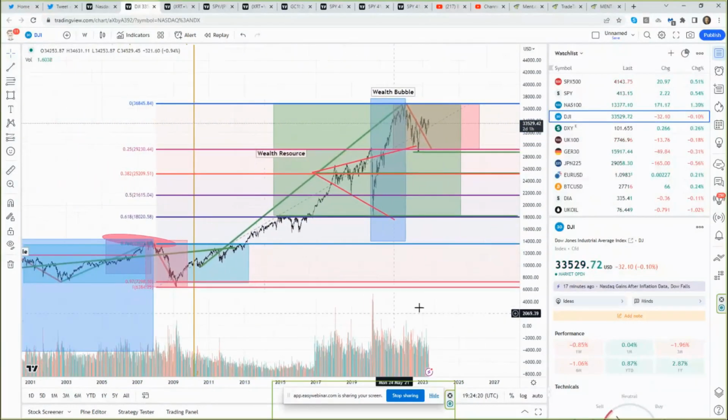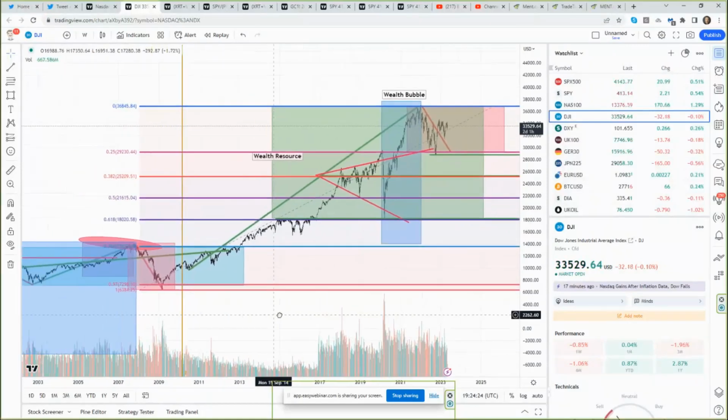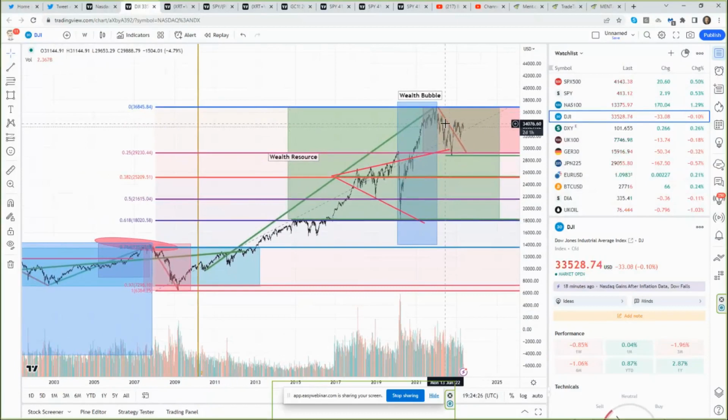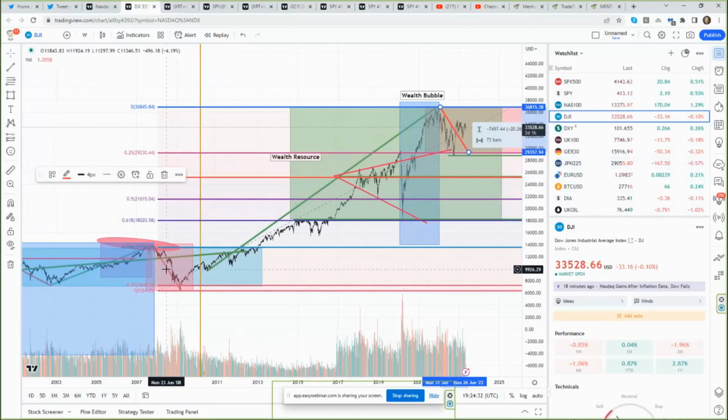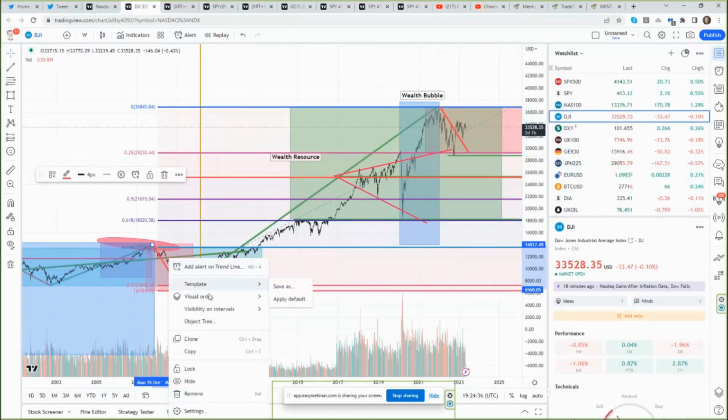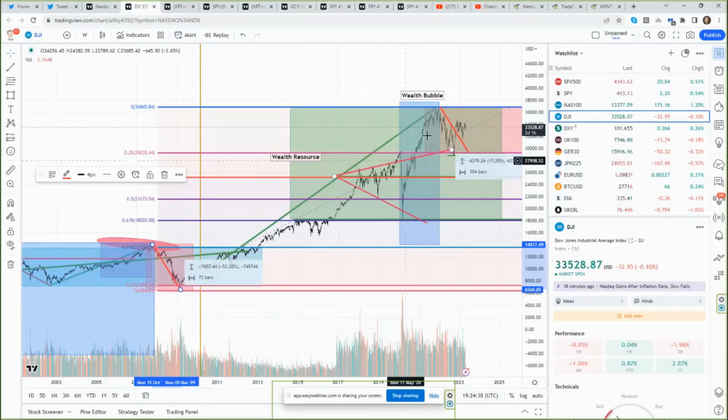What we have here, ladies and gentlemen, is what I believe, because this downside move here is equal to the downside move of the global financial collapse, I believe this is the initial and possibly final move downward through this initial revaluation phase of the market.